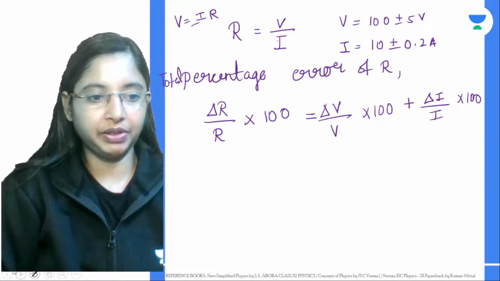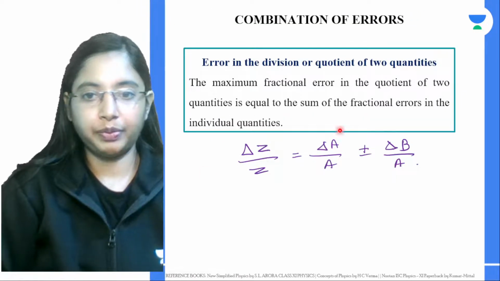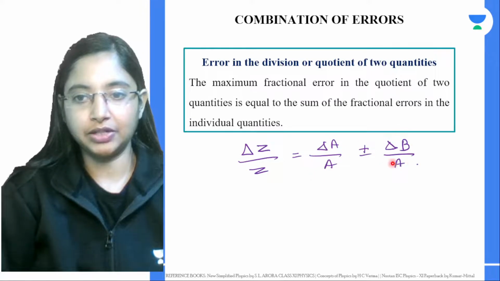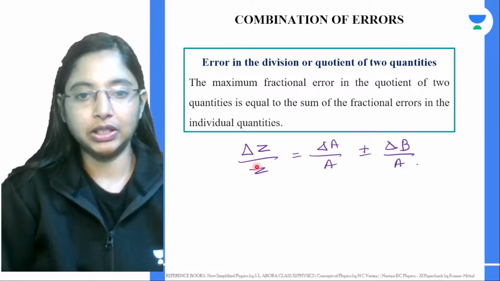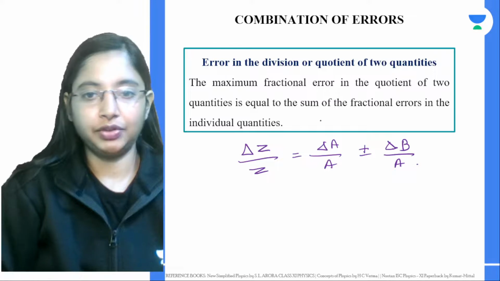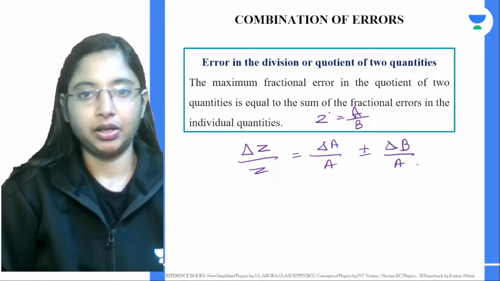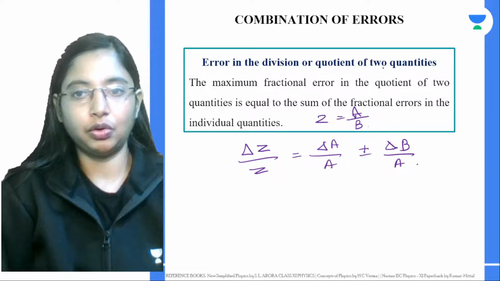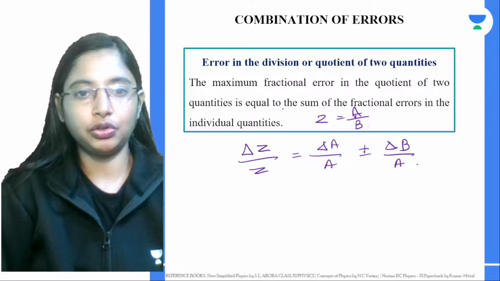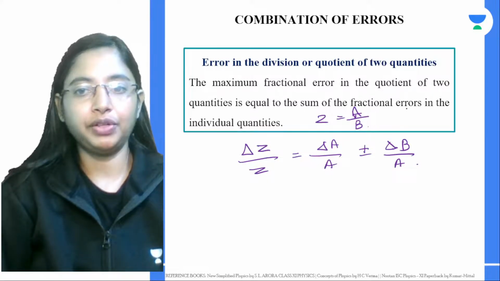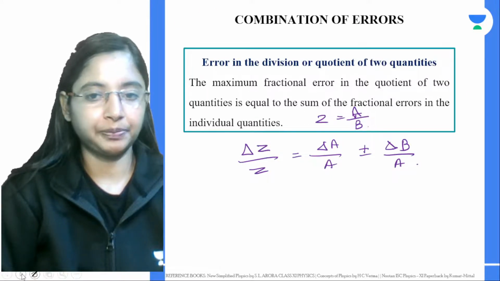This is what we saw in the previous term. That gives you the total percentage error in case Z is equal to A by B. So the maximum fractional error in the quotient of two quantities is the sum of the fractional errors in the individual quantities.